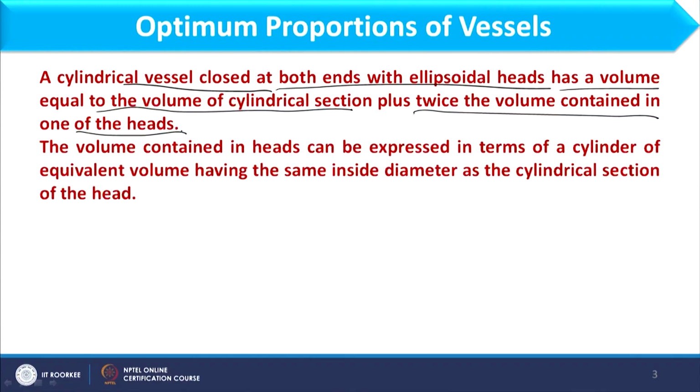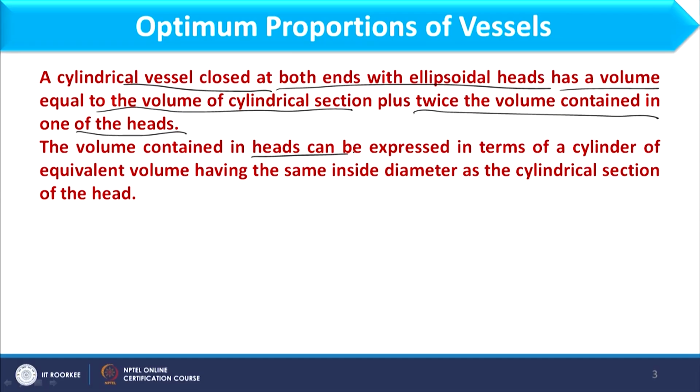So, if I am considering the total volume of the vessel, that will be nothing but the volume of the shell as well as the volume of the heads. So, both are ellipsoidal. So, we can consider the volume of one head and take twice that value to calculate the total volume of the vessel. And the volume of the cylinder we can determine very easily.